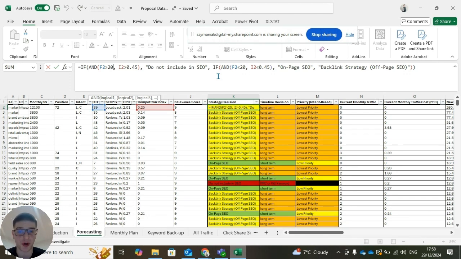So I wanted to show them what they're missing out on, and I'm prioritizing keywords based on what they were bidding on.